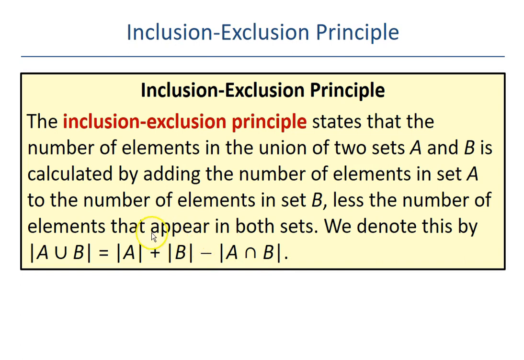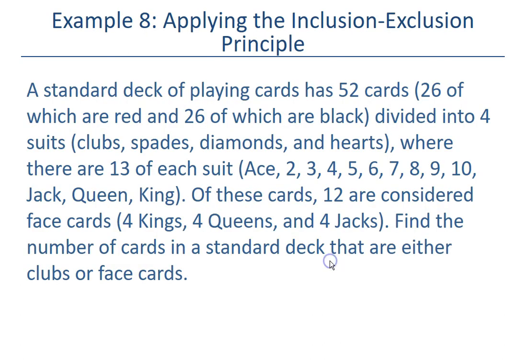Now, you're adding them, but in a sense, some of these were counted twice. So by subtracting them out, you get the correct number. And again, an example we'll see if you're mastering this. Okay.